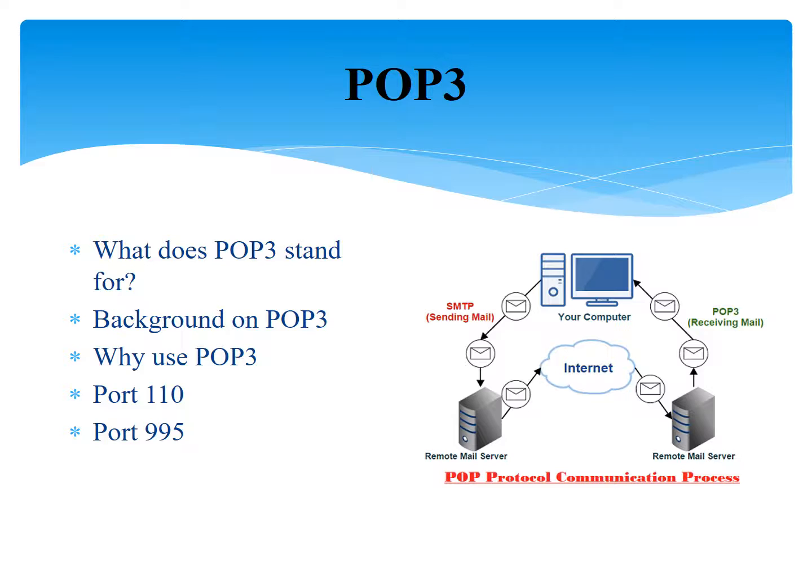I would definitely not use port 110 if you can help it, because it's unencrypted and you don't want your emails going out or being received while somebody is sniffing the packets and seeing what's being said through emails, especially if you're in a highly secure job. So you definitely want to use port 995. This is the port you need to use when you want to connect on POP3 to a secure connection, so no one's snooping on your emails.